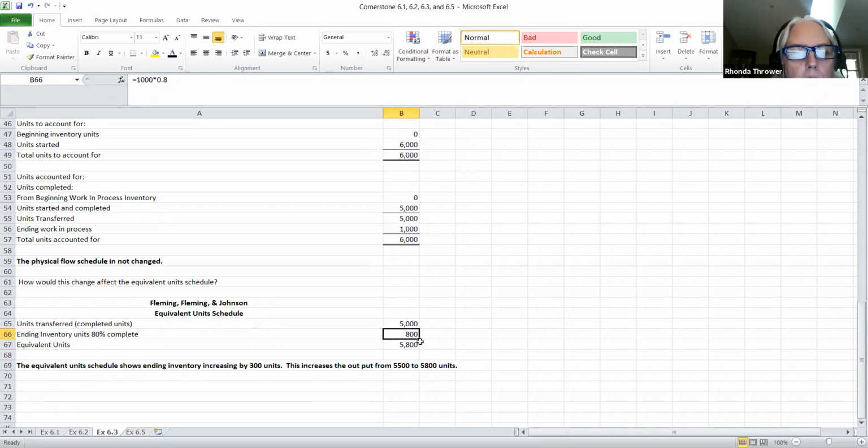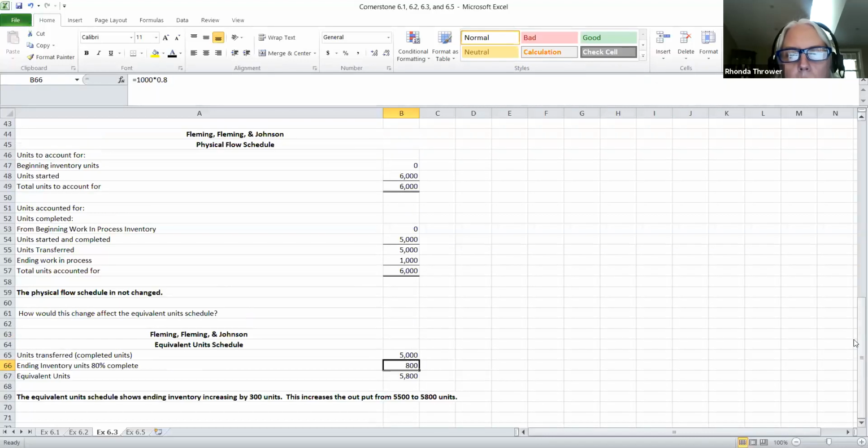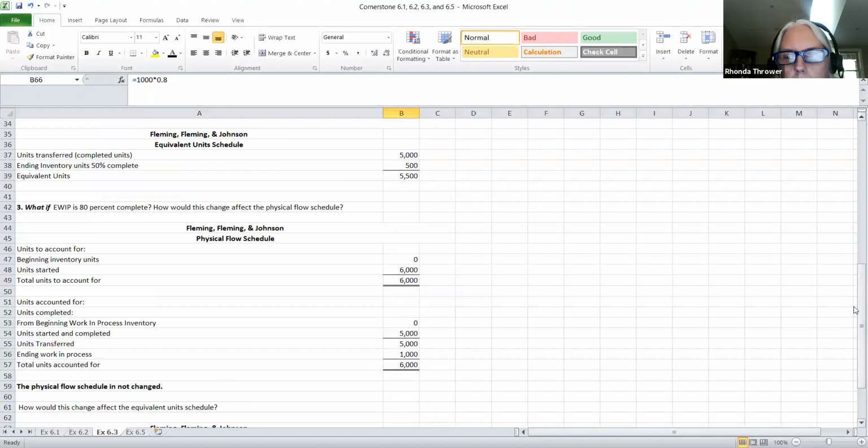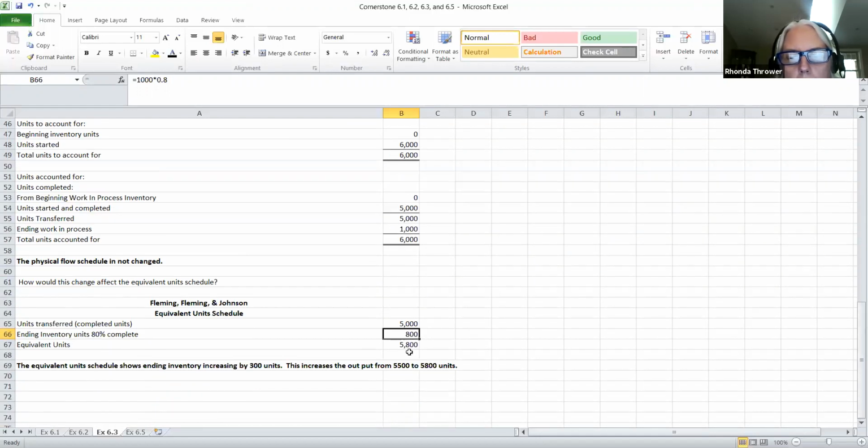And that would give us 800 equivalent units. And then when you combine the 5,000 and the 800 together, it gives you 5,800 units. So the equivalent unit schedule shows ending inventory is going to increase by 300 units because they're 80% complete rather than 50% complete. And this would increase the output from 5,500, which is what it was before, to what it is now.